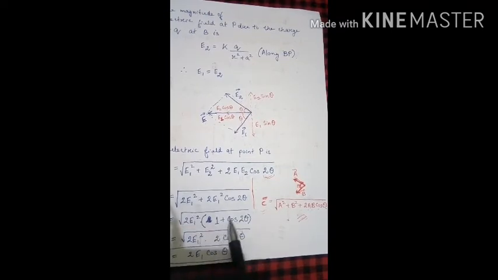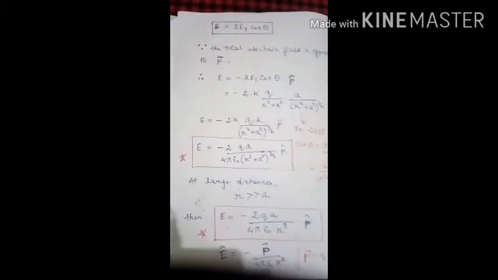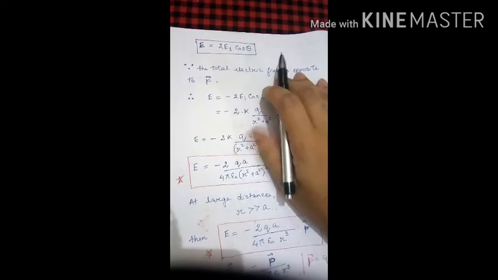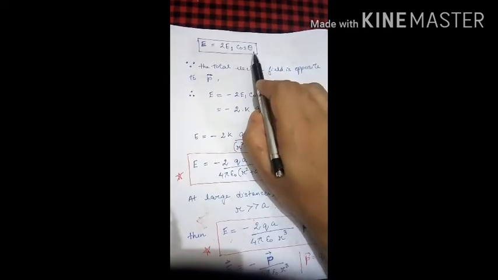Now you know that the value of 1 plus cos twice theta is equal to 2 cos square theta. So we have written 2 cos square theta in place of 1 plus cos twice theta. Now if we take the root, the value of the electric field will be twice E1 cos theta. So we have got the total electric field E to be twice E1 cos theta.